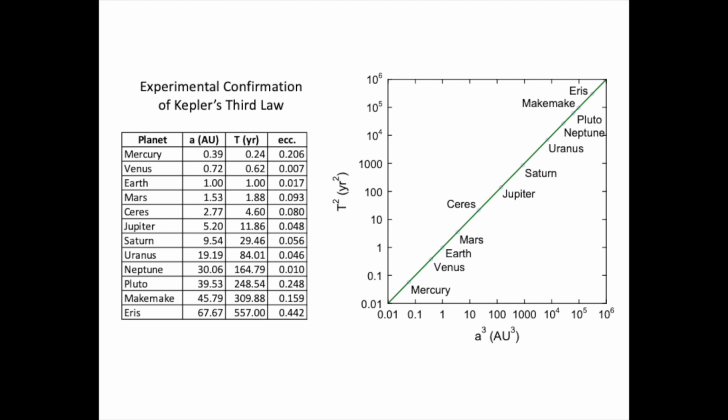And the remarkable thing is how amazingly close they come to a straight line, meaning that that constant of proportionality, 4 pi squared over GM, is going to be the same for all of them. They all lie on the same line.